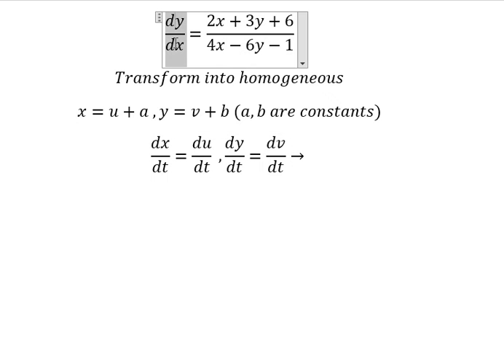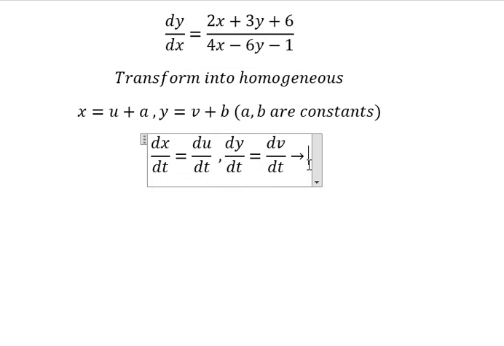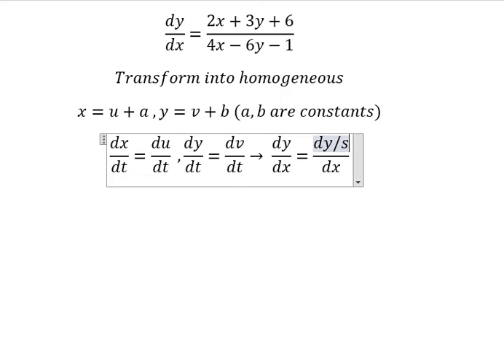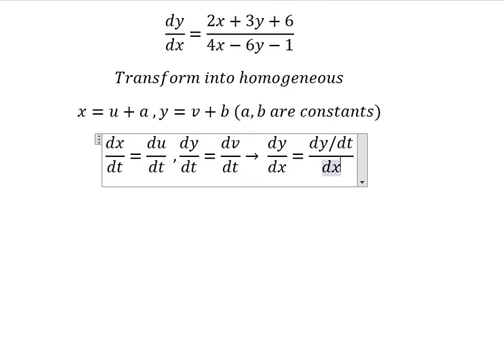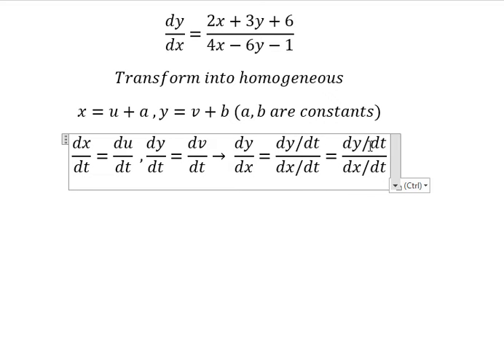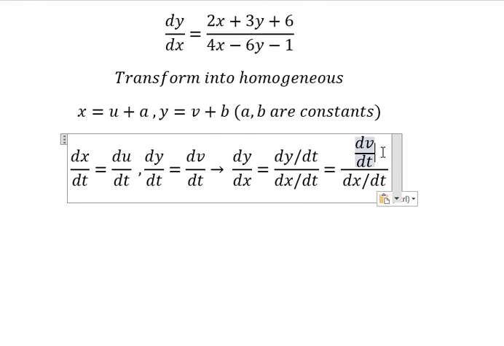So we have dy over ds. And this one we can put dt on numerator and denominator. So dy over dt, that is this one, and ds over dt, that is this one.